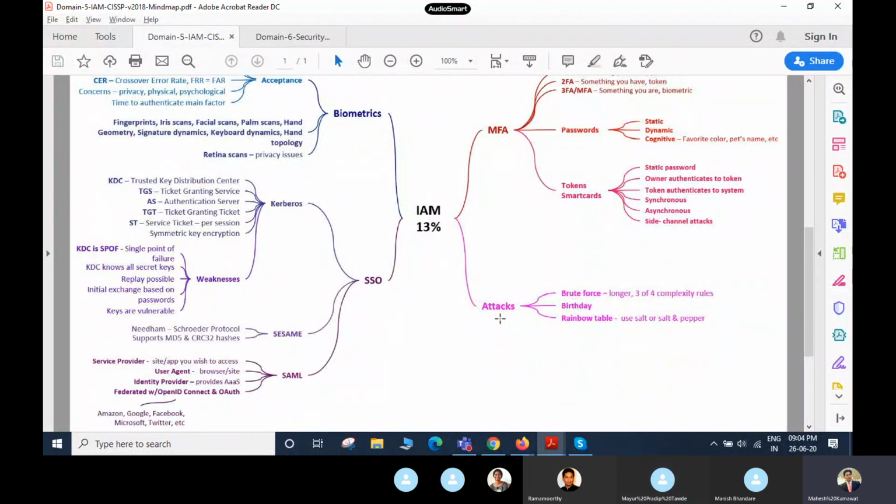So as a blue team, as a red team, how are we going to perform? First thing, and the second thing, they are going to ask you how you are going to provide use case scenarios. Suppose Manish is working in a healthcare industry, and Saptarishi is working in a production industry. So how is Manish going to handle identity and access management in the company, and how is Saptarishi going to adopt the IAM policies into the company?